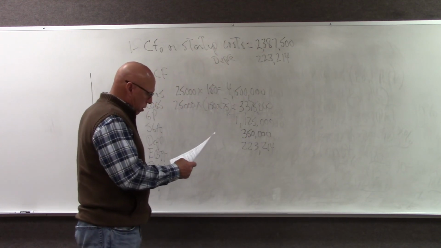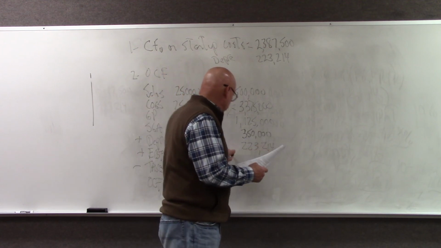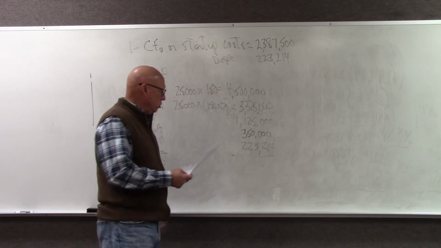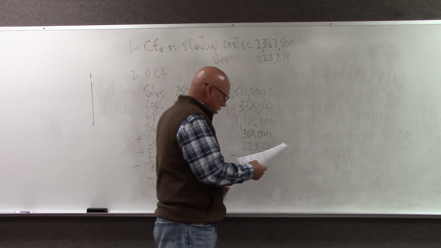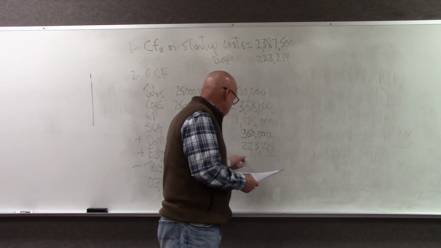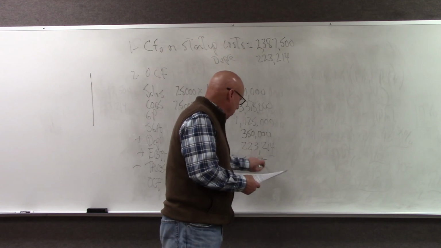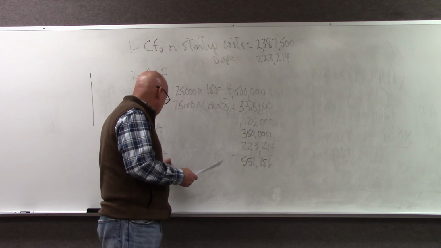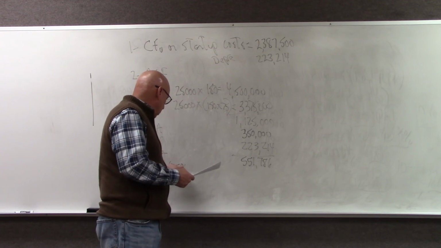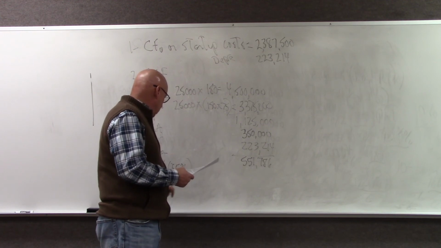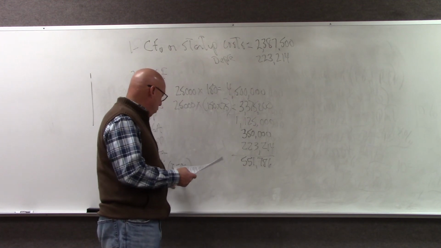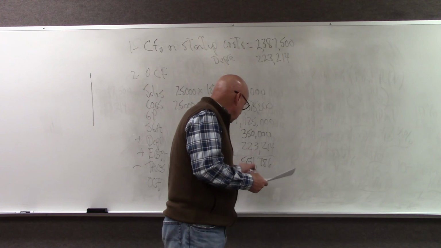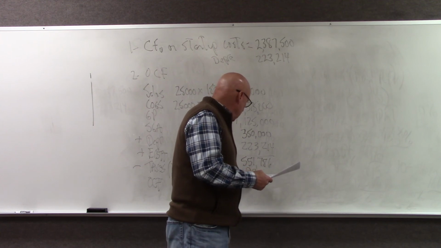So our EBIT is 1,125,000 minus 350,000 minus 223,214, which is 551,786. Our tax rate, 35%. So we're going to multiply that times 0.35, and we get taxes of 193,125.